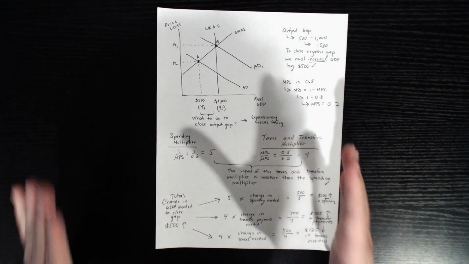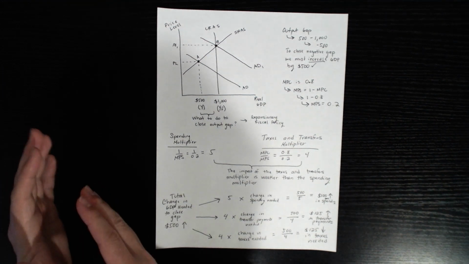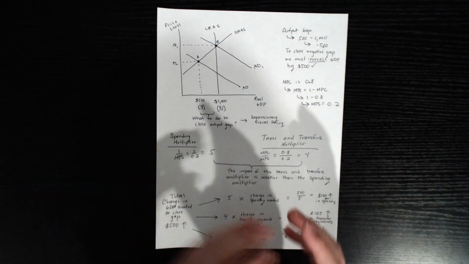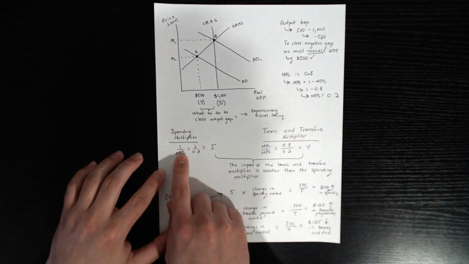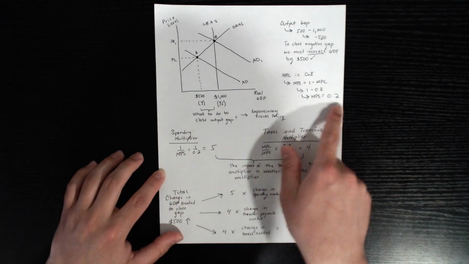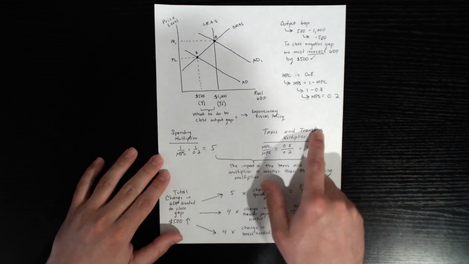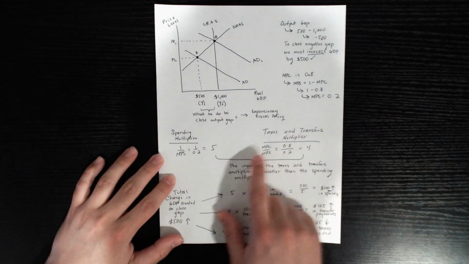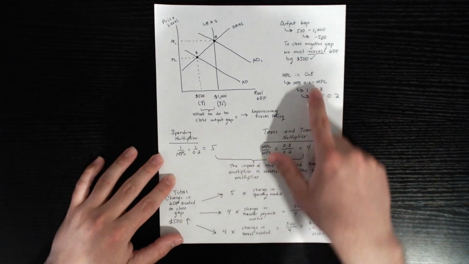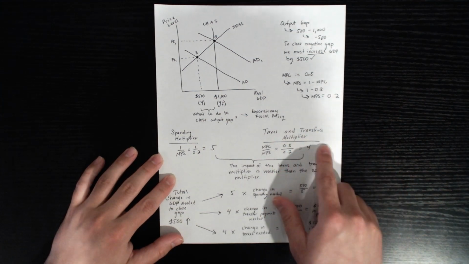So now we can calculate both the spending multiplier and the taxes and transfer payment multiplier. Spending multiplier is 1 over MPS, which means 1 over 0.2, which gives us 5. Taxes and transfer payment multipliers are MPC over MPS, which means 0.8 over 0.2, that gives us 4.